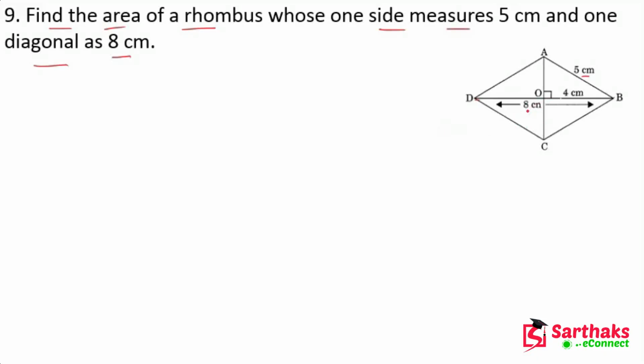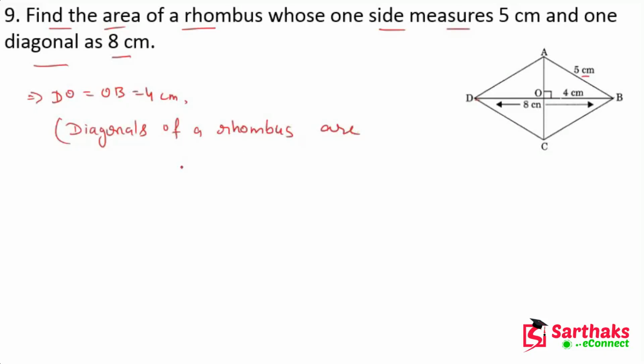So it means 8 divided by 2, here we get OB, which is 4 centimeter. So DO is equal to OB, which is 4 centimeter, because the diagonals of a rhombus are perpendicular bisectors of each other. This is the property of a rhombus.